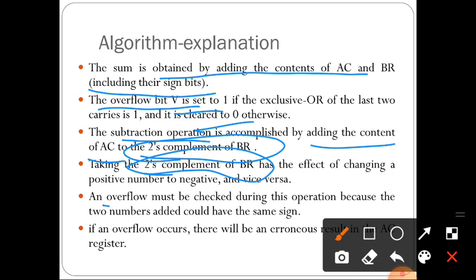Overflow must be checked during this operation, because the two numbers being added could have the same sign. If overflow occurs, that means there is an error in the result in the AC register. So this is the algorithm explanation.